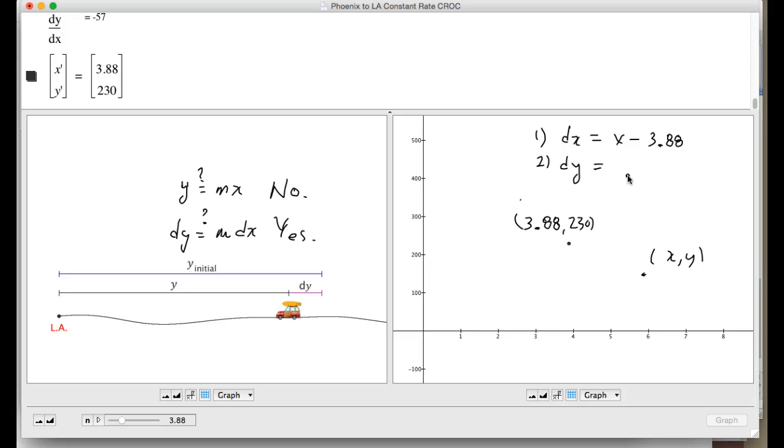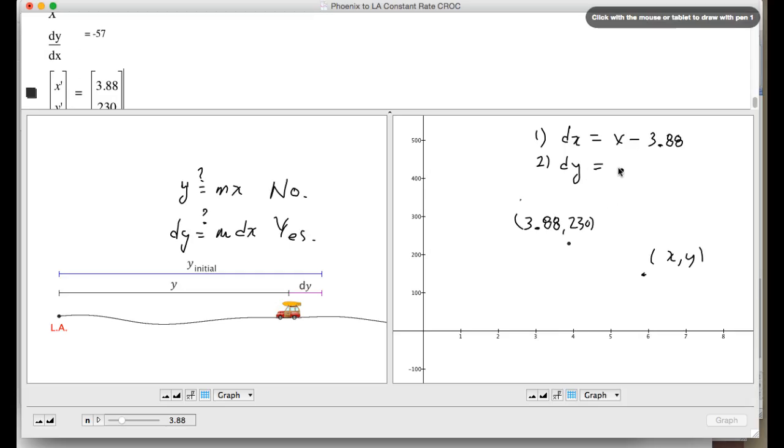No, we're going to use m times dx. Do we have a constant m times dx to get dy? Yep, it's that negative 57. So we can do m times dx, which is negative 57 times the change in x.